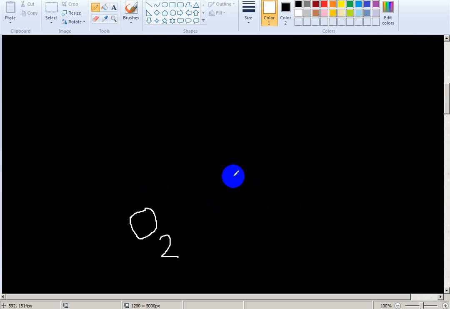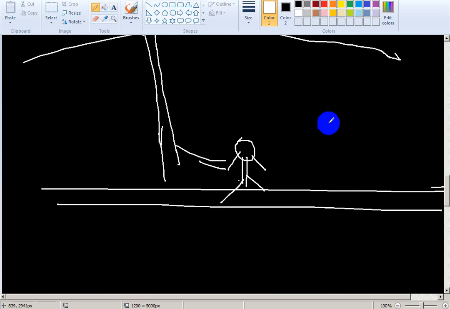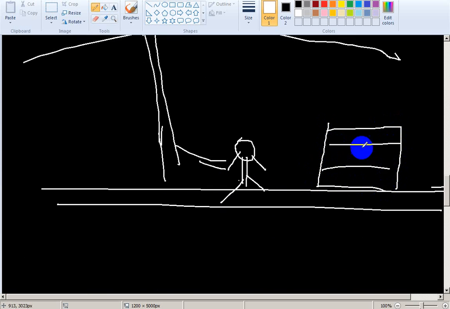So depletion of the ozone layer is occurring day by day because of what we use at home. Like this is a man in a storied building, sleeping in this room. There is an air conditioner, and this air conditioner emits the gas CFC, chlorofluorocarbon.